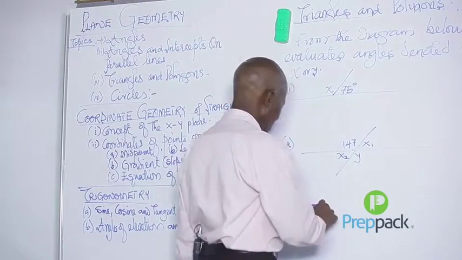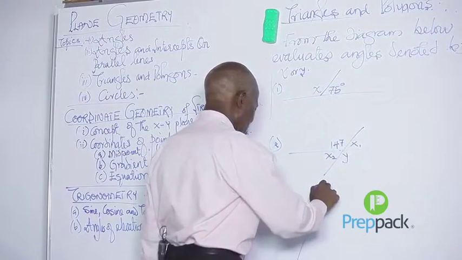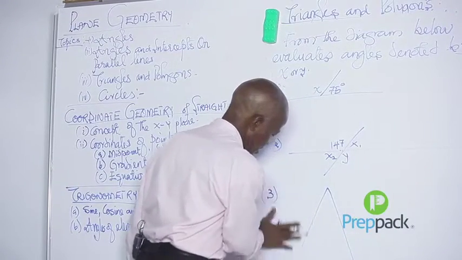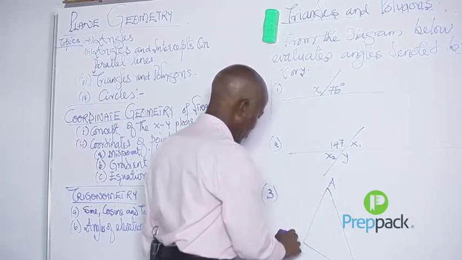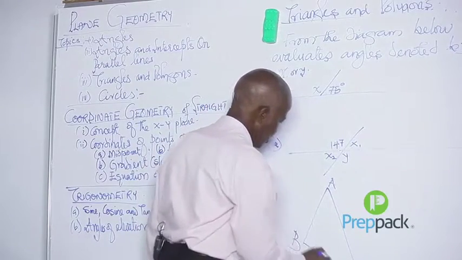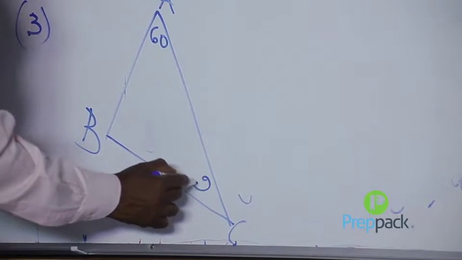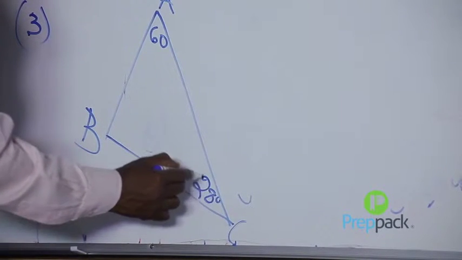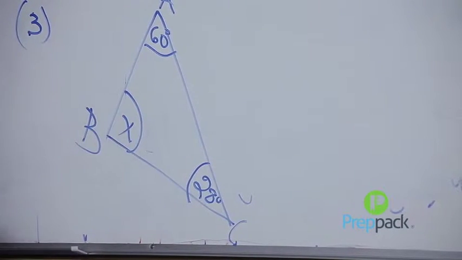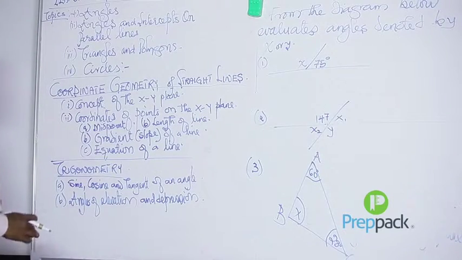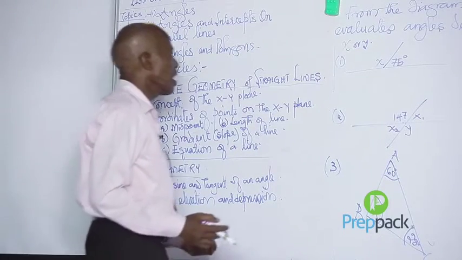We have this triangle A, B, C. If this is 60 and this is 28 degrees, what is this X? We can easily solve these. Why and how?